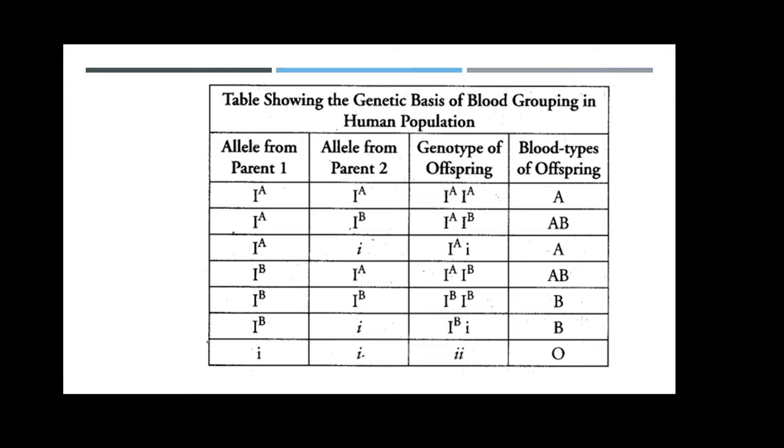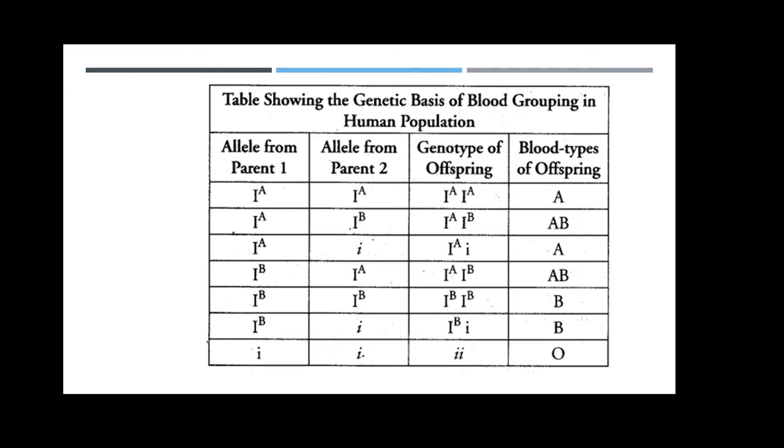As we know, multiple alleles are expressed as codominant, and we write the gene name as superscript, that is I^A. So the allele from parent 1 is I superscript A, and the allele from parent 2 is also I superscript A. So the offspring will get the A antigen, and the offspring's blood type is A.